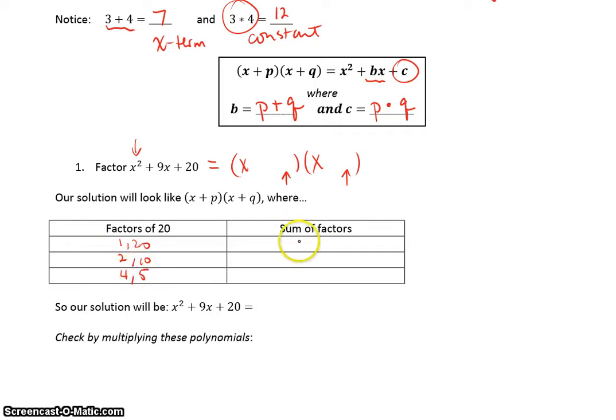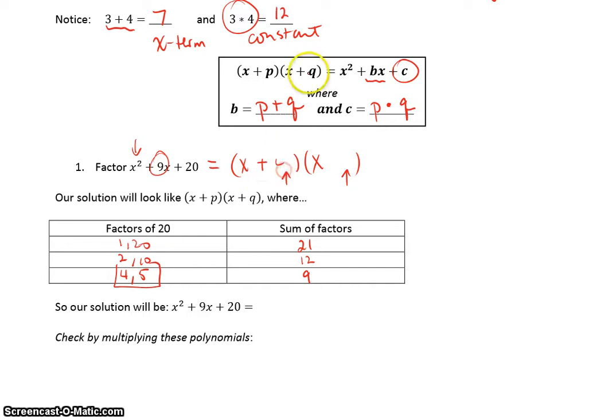Those are our choices. When we add these factors, we're going to get 21. 2 and 10 would give us 12, and 4 and 5 would give us 9. So you'll notice the x term has a 9, and so we want the factors 4 and 5.